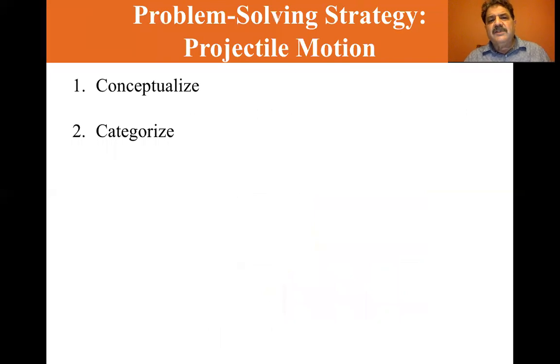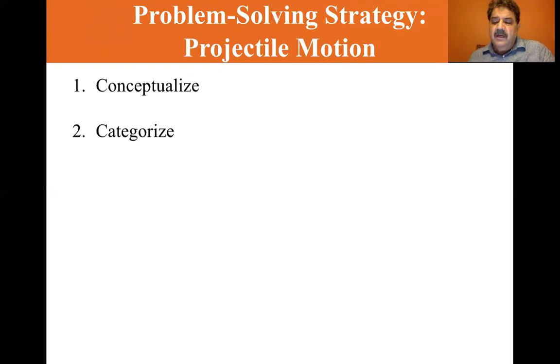Okay, problem solving strategy, projectile motion. You can conceptualize, think about what is going on physically in the problem. Establish a mental representation by imagining the projectile moving along its trajectory. We could categorize this as follows. You confirm that the problem involves a particle in free fall and that air resistance is neglected.